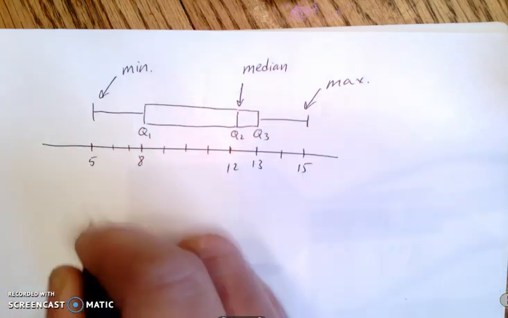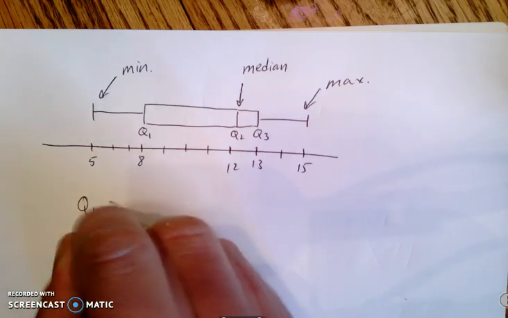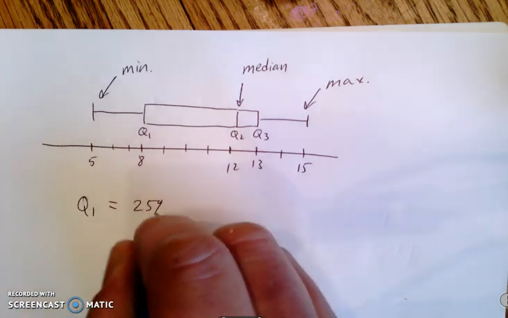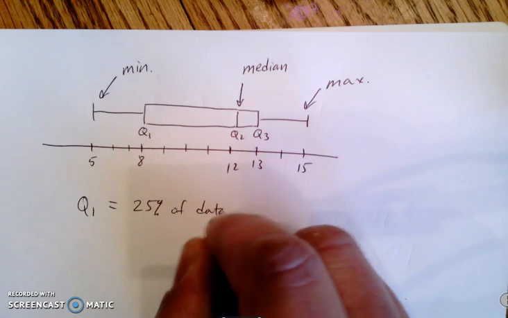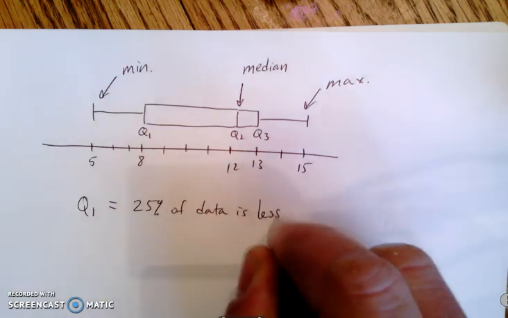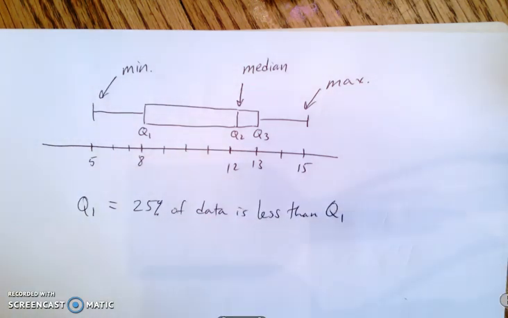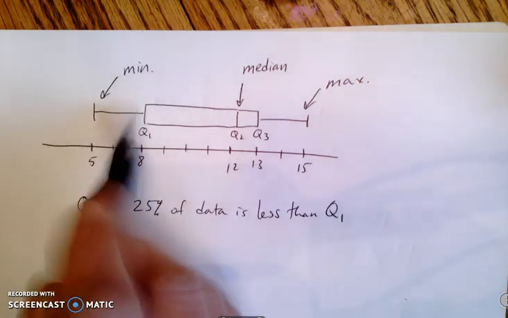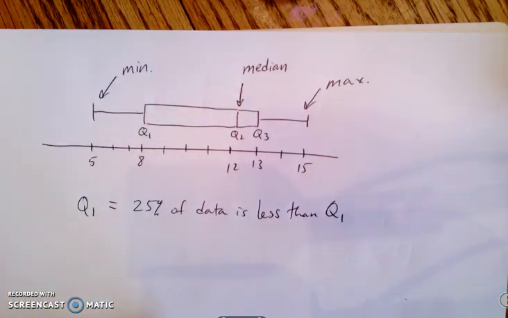And the reason I like the box and whiskers plot is it divides stuff very nicely. Q1 is where 25% of your data is less than Q1. Okay. So 1/4 or 25% of the data is right in that range.